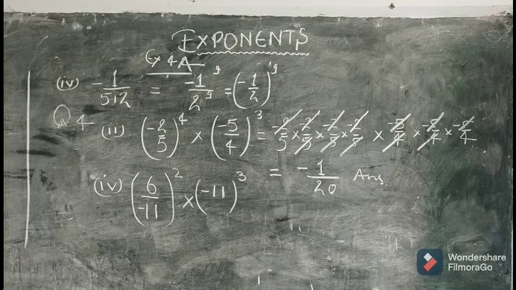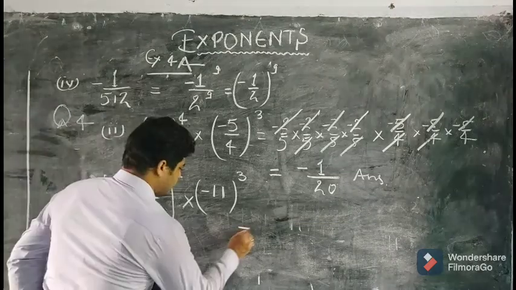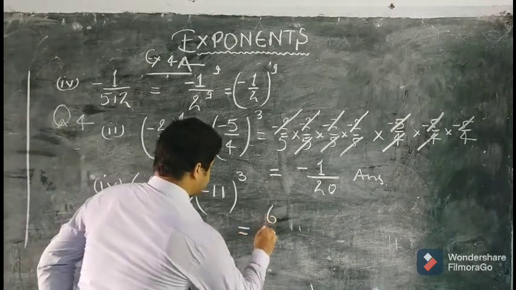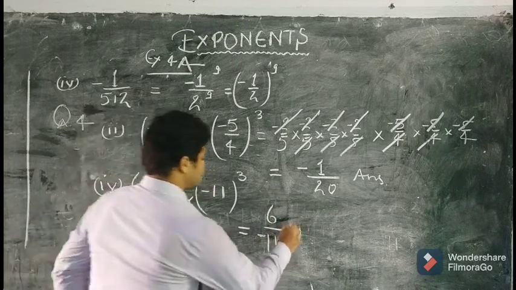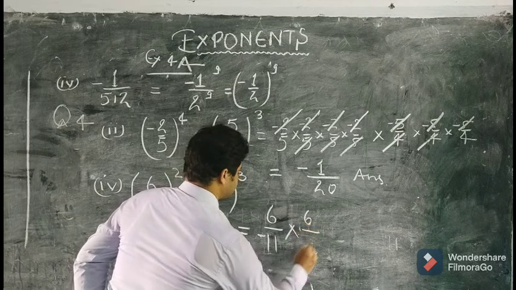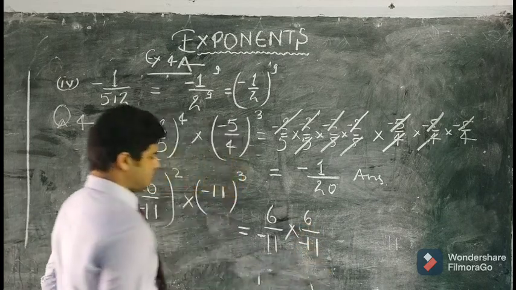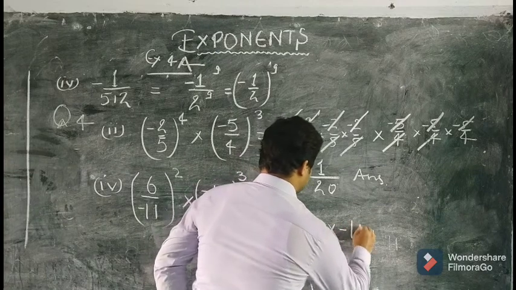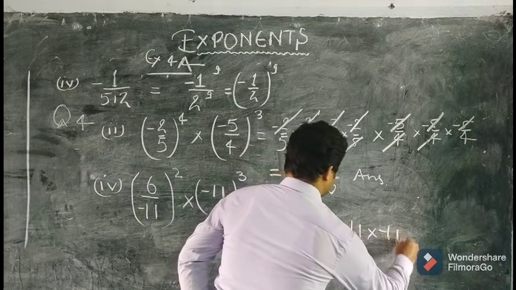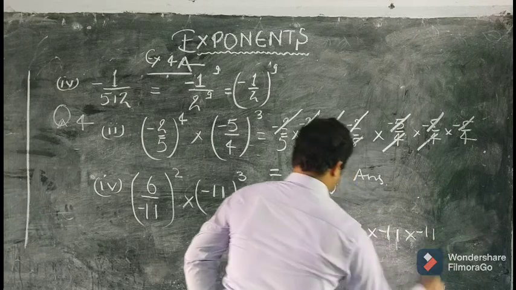Right? So what we can write it down as 6 upon minus 11, and the power is 2, so we will write it 2 times, and minus 11 to the power 3, so minus 11, minus 11, minus 11.